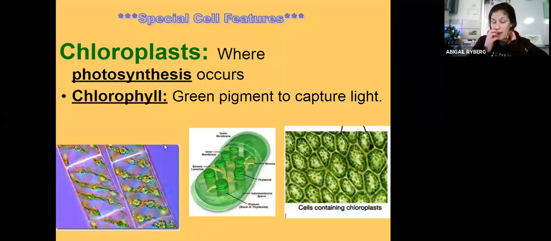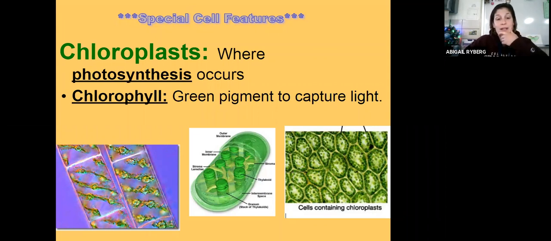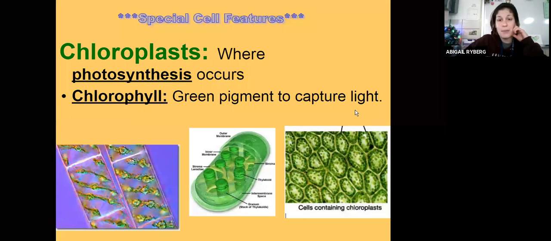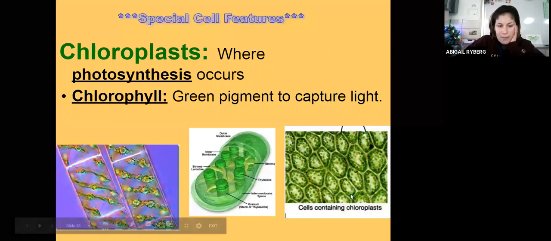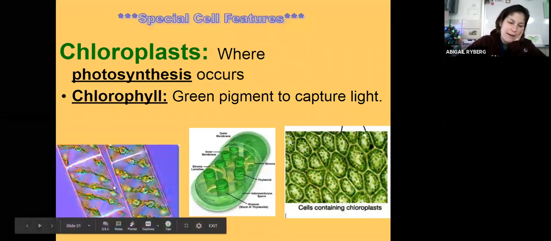Chloroplasts, another one found in plants. Chloroplasts are found in really any organism where photosynthesis occurs. It contains the chlorophyll, so this is where we're going to see the green coloration. And the chlorophyll is the green pigment that is used to capture the light energy. Let's look at this picture on the bottom left.